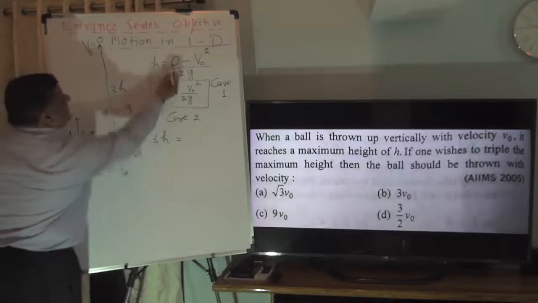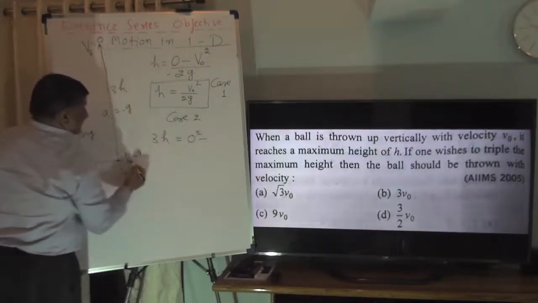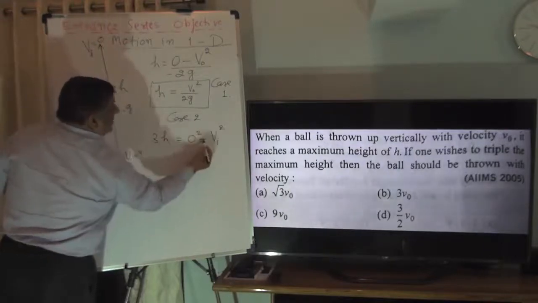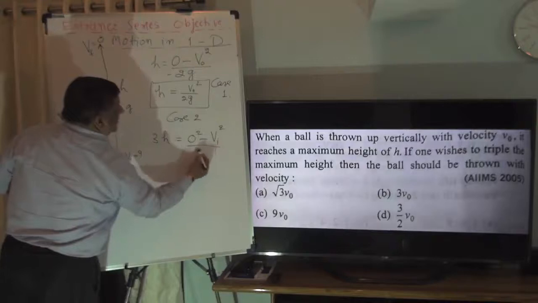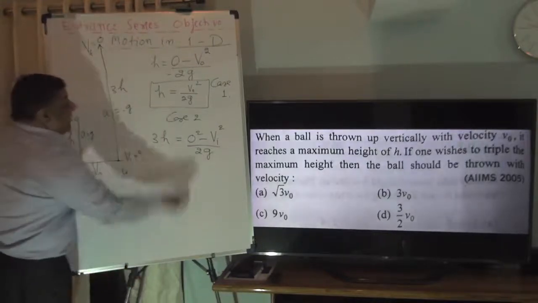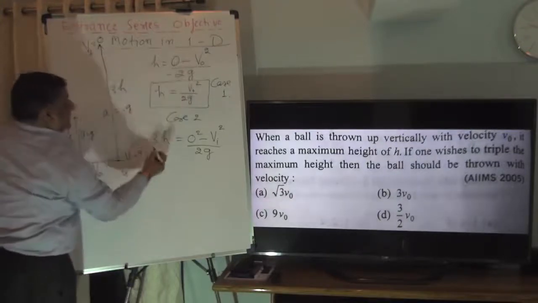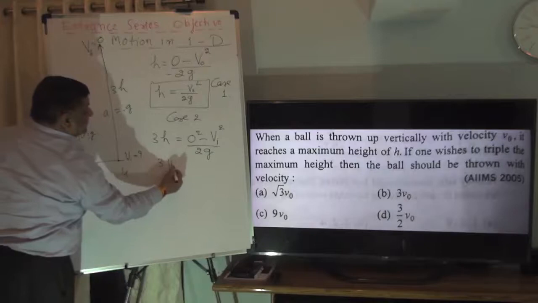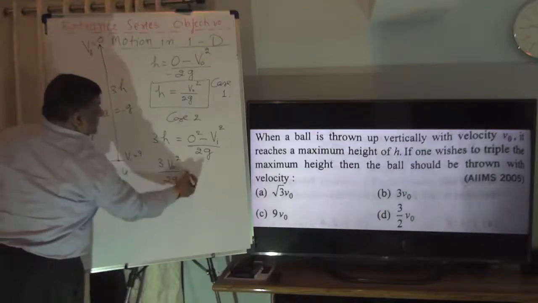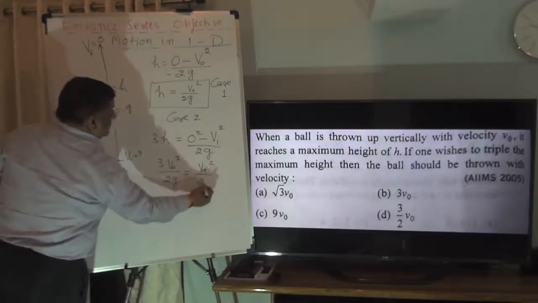Final velocity 0, initial velocity vi, v square minus u square upon 2a, 2g. Now this 3h, we will take the value of h from here: 3 v naught square upon 2g is equal to vi square upon 2g.